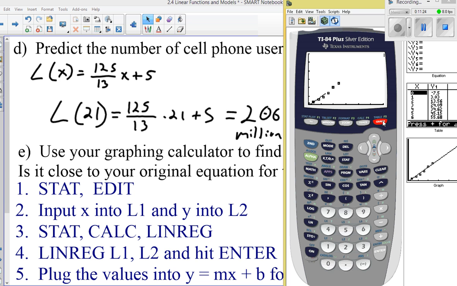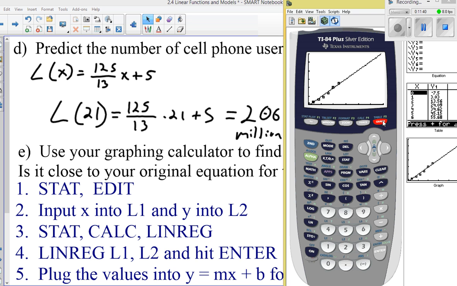Now when I hit graph, I have my scatter plot and my line of best fit, and it looks like it's fitting the data pretty well. So let's see how close we were.